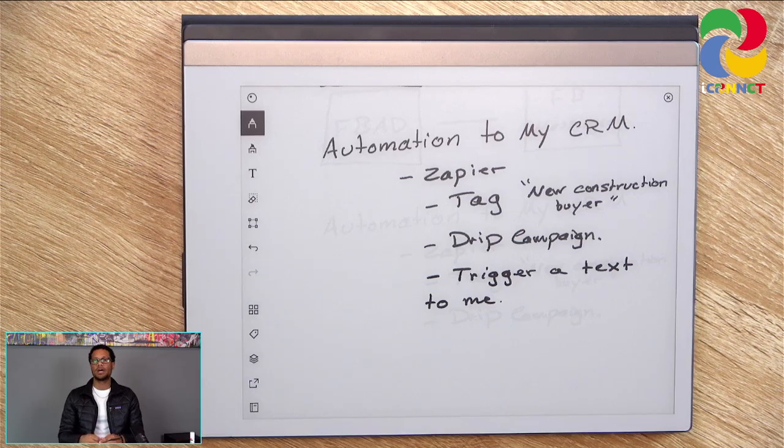If you guys are like me, I don't have all the notifications on all my apps because sometimes it gets overwhelming. So all of the leads that come into our CRM trigger an internal notification within our CRM that just notifies me.